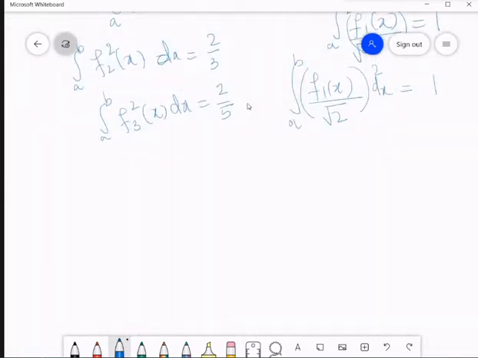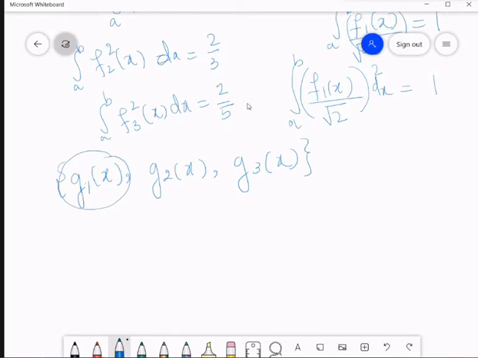Now I'll be constructing another set g1(x), g2(x), and g3(x). This set is orthonormal. So what will be my value of g1? It will be nothing but f1(x) divided by square root 2. I can put the value of f1 here. f1 was 1, so actually this is 1 by root 2. What about g2?